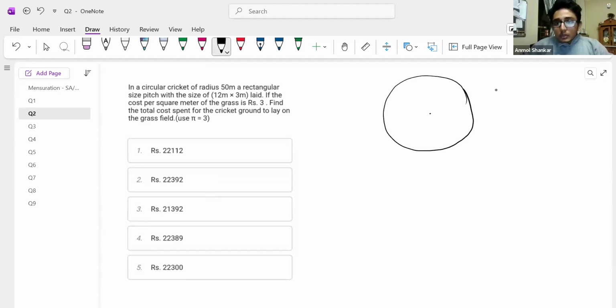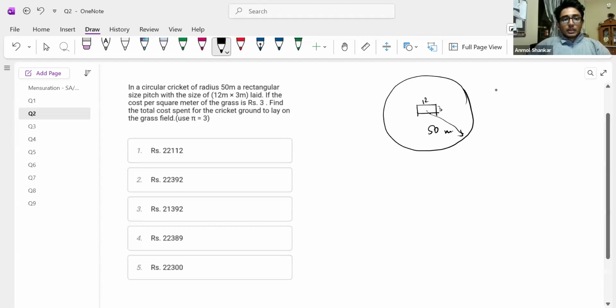So here in the middle there is a pitch, 12 meter into 3 meter, and the radius is 50 meter. And if the cost per square meter of the grass is ₹3, so for the grass it is ₹3 per meter square, find the total cost spent for the cricket ground to lay the grass field.